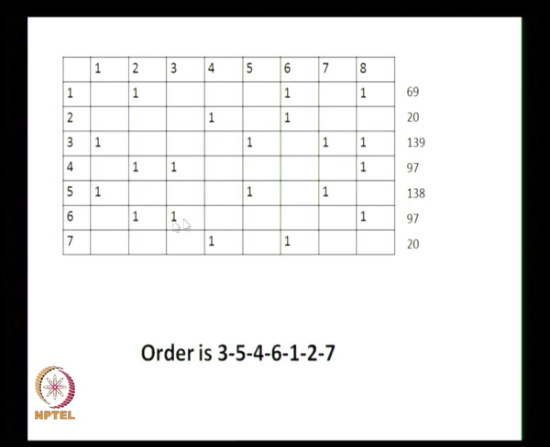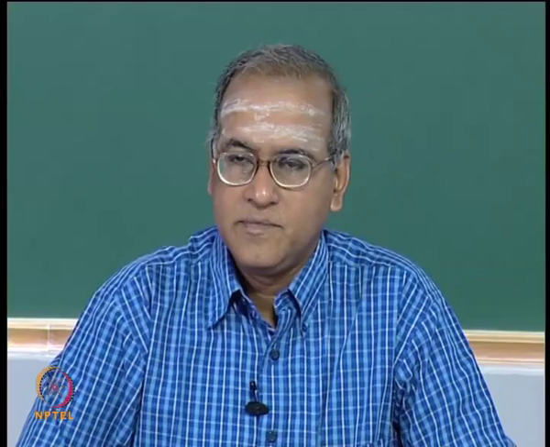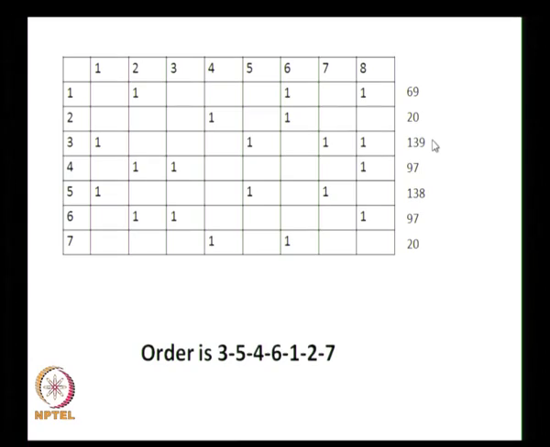Here it is 64 plus 32, 96, plus 1, 97, and here it is 16 plus 4 which is 20. So, the weights corresponding to each row are computed by giving weights to column positions. The weights are 69, 20, 139, 97, 138, 97 and 20.